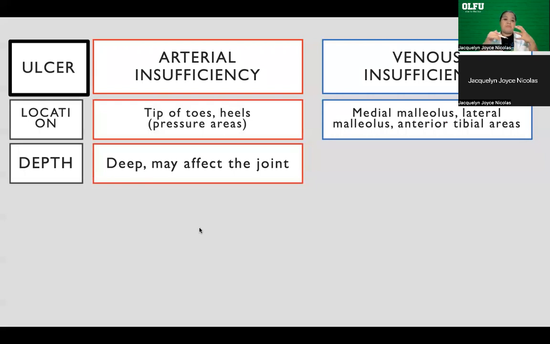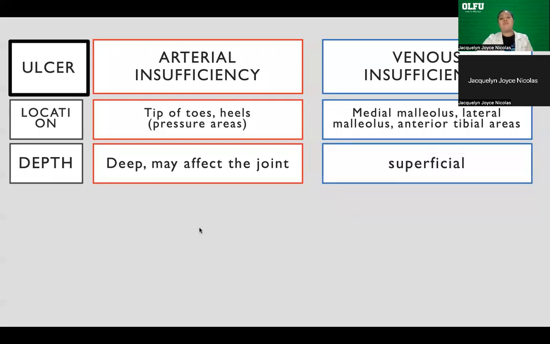So kapag nagkaroon ka ng ulcerations caused by arterial insufficiency, it can even affect the joint and even the bone. Okay? Ang pangit ng itsura kapag arterial insufficiency. Kapag naman venous insufficiency, it's very superficial. Doon lang sa, mababaw lang in Tagalog.